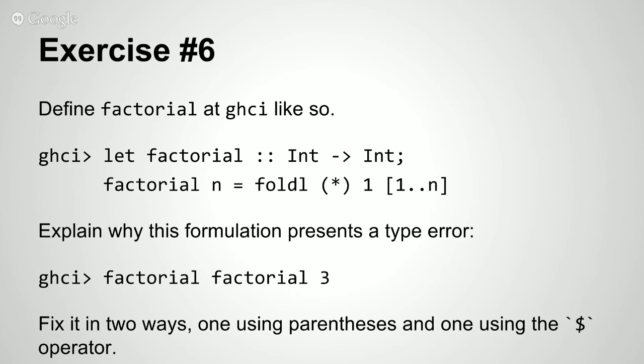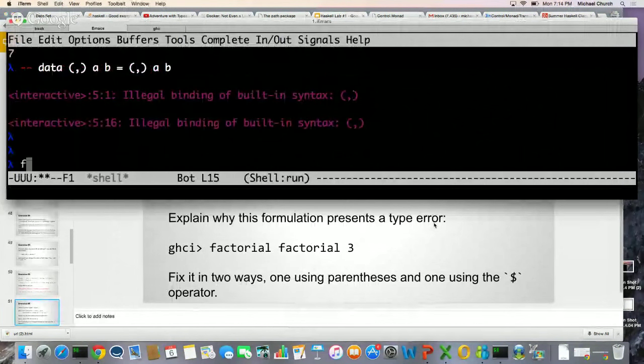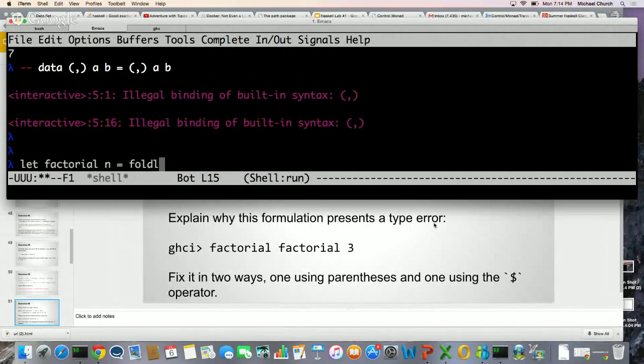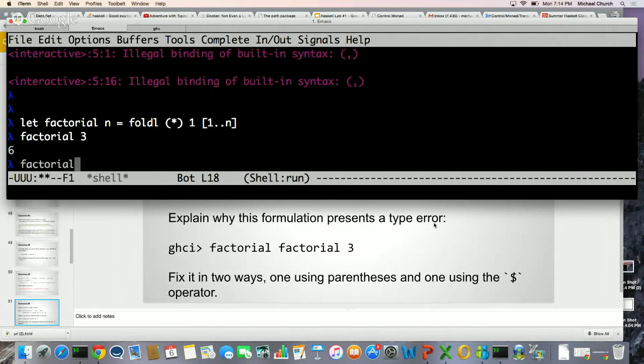Oh, so when it sees factorial, factorial 3, is that going to go to factorial of 6 or not?